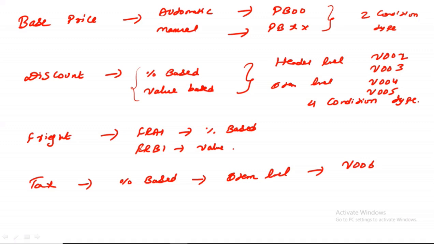I should allocate this freight charge on the material. I should load the charges on the material. If you want to load the charges on the material, configure the freight same as the discount. In some cases, business will tell that I don't want to load the freight charges on the material. I want to load it on a different GL account from which I pay the freight. From the material account, it should not go.